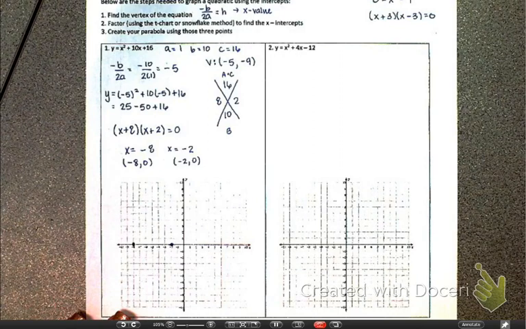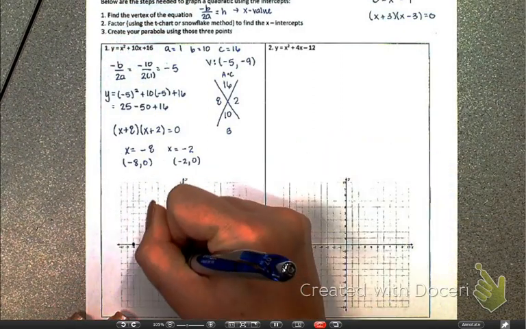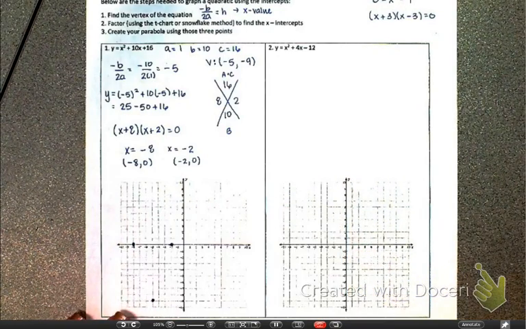And then I also need to plot my vertex. (Negative 5, negative 9.) Can you tell me any key features about this graph? Like what the orientation is? It should be up. And then what's the shape? No change. Okay.